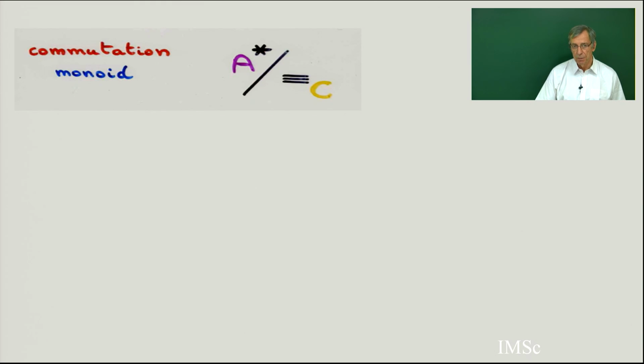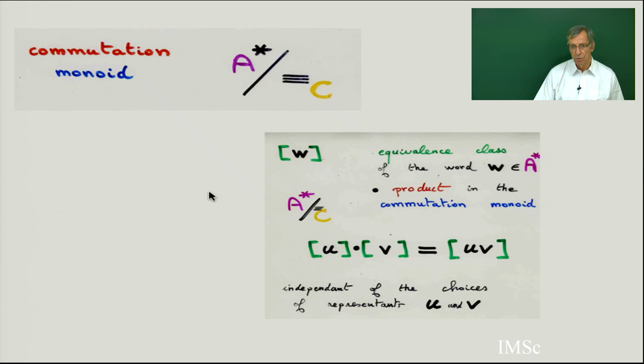So the commutation monoid, by definition, is the quotient of this monoid by the congruence generated by C. In a more precise way to see the product: I will denote in between brackets the equivalence class of a word, so all the words equivalent to W by doing commutation of adjacent letters.